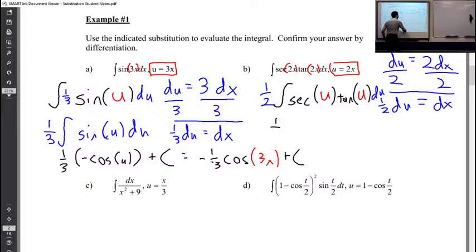So antiderivative here, I'll put it in green so it's clearer. Antiderivative of secant tangent. Well, secant tangent, that's the derivative of secant.